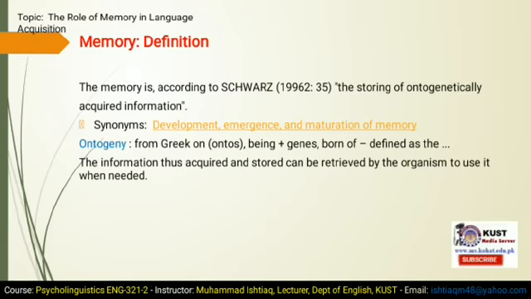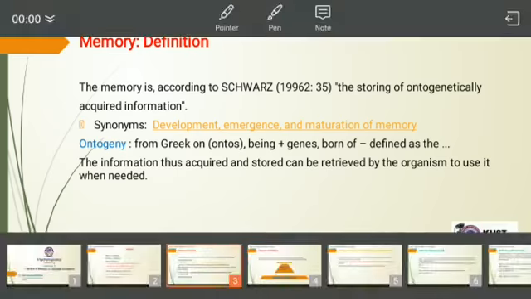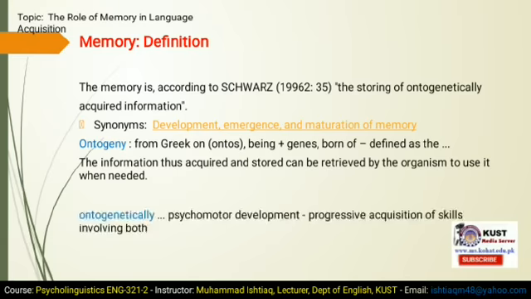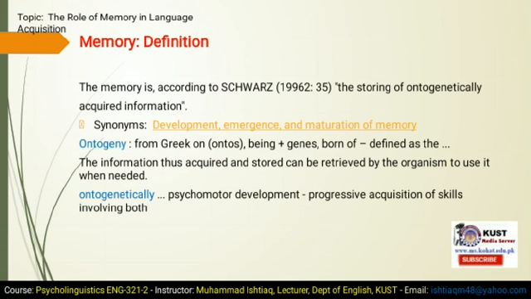So ontogenetically acquired information is not only acquired, rather it is stored or organized and can also be retrieved by the organism for further use in future whenever they need it.